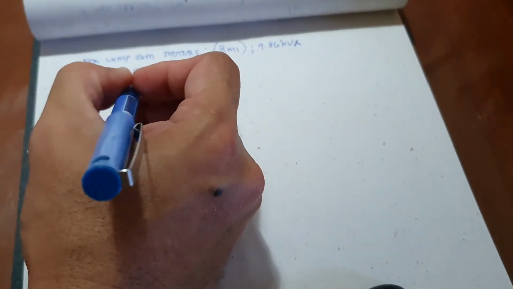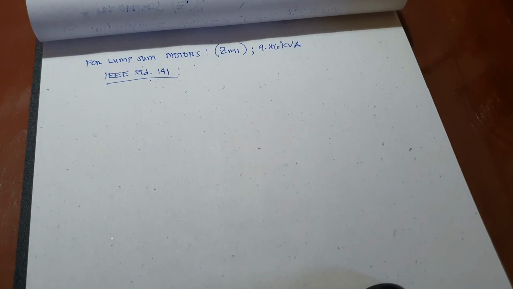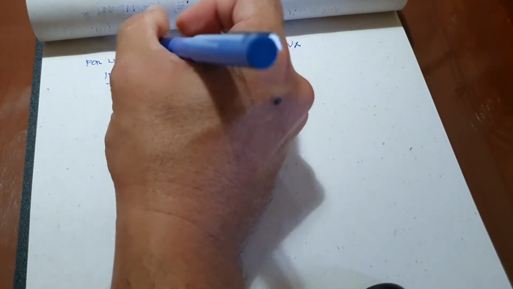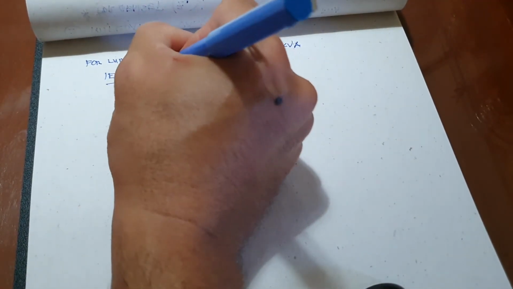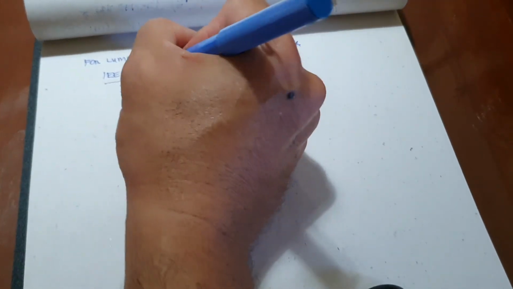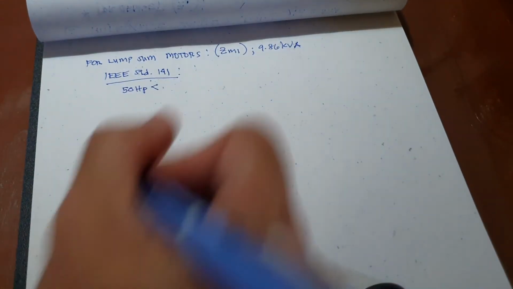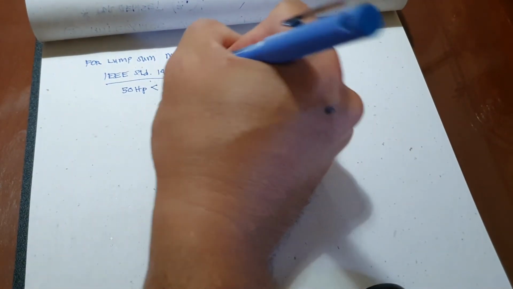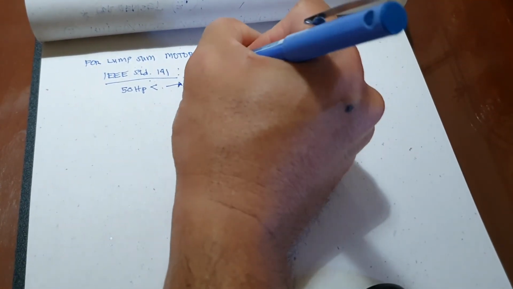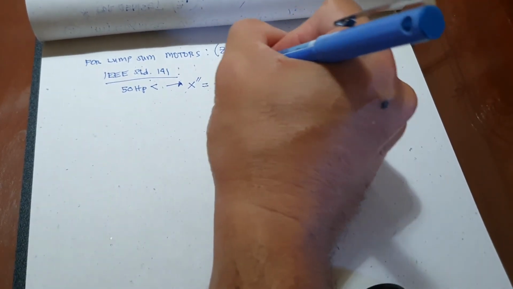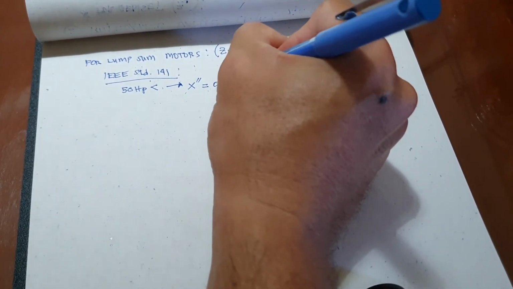Okay, so from the IEEE standard, for the motors with 50 horsepower and below, the subtransient reactance is assumed to be 0.25.